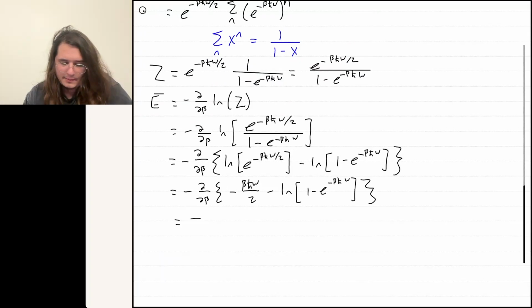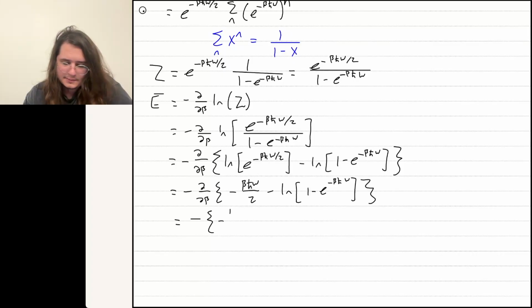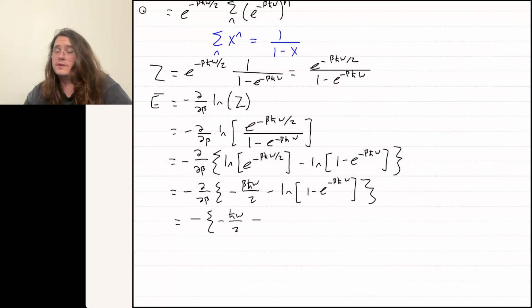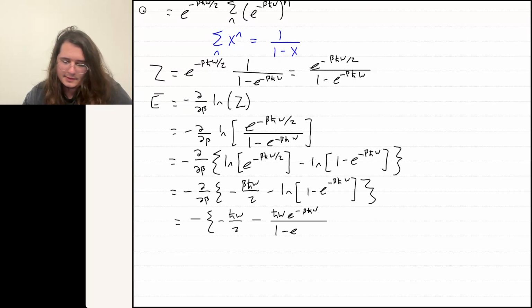So let's distribute the derivative into the braces now. So we get minus braces, minus h bar omega over 2, minus, and then again it's the derivative of the stuff inside the natural log with respect to beta. So that being just h bar omega e to the minus beta h bar omega divided by the stuff inside the natural log, so 1 minus e to the minus beta h bar omega.